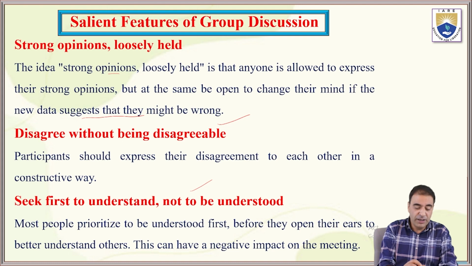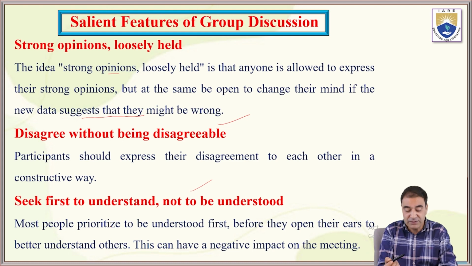Most people prioritize being understood first before they open their ears to better understand others. This can have a negative impact on the meeting. Sometimes we create a monopoly in a discussion. We continuously speak without giving any opportunity to others to speak.